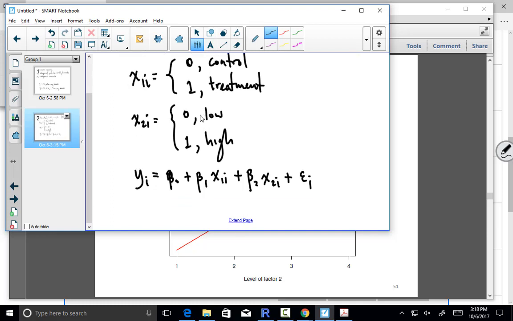An alternative would be this one, with an additional coefficient that is for the product of x1 and x2. The first one does not allow for an interaction, whereas the second one does.